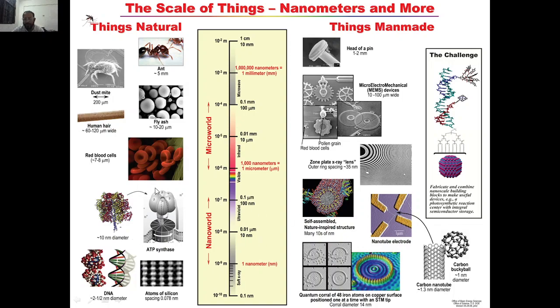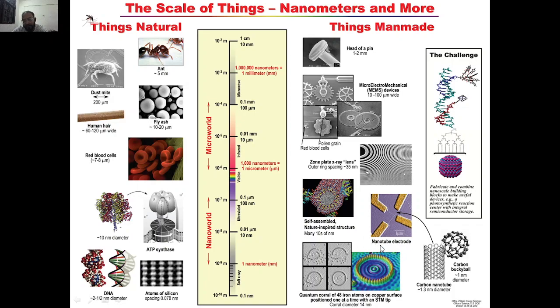This is the three-dimensional structure of ATP synthase, engineered with the help of bioinformatics tools and techniques, and nowadays it's available in NCBI, the National Center for Biotechnology Information, right? So next we are talking about man-made things where self-assembled, nature-inspired structures are there, many tens of nanometers, maybe 100 or 200, 150 nanometer, like that.